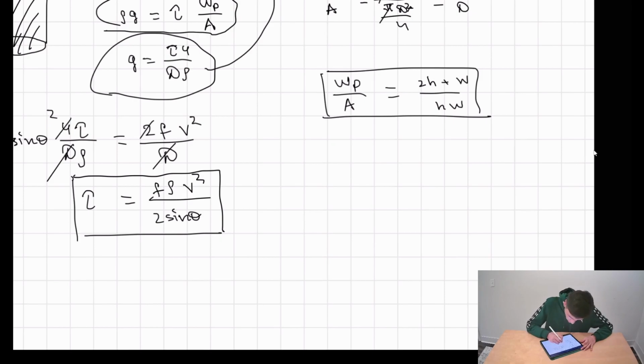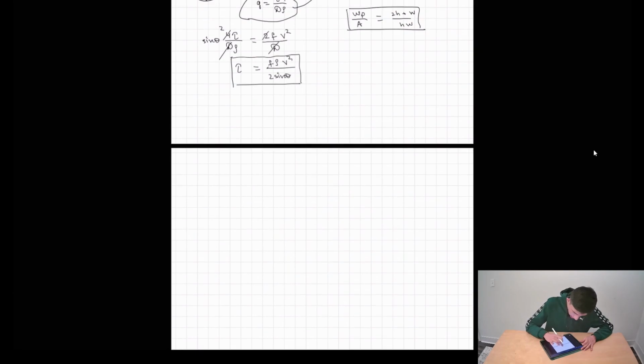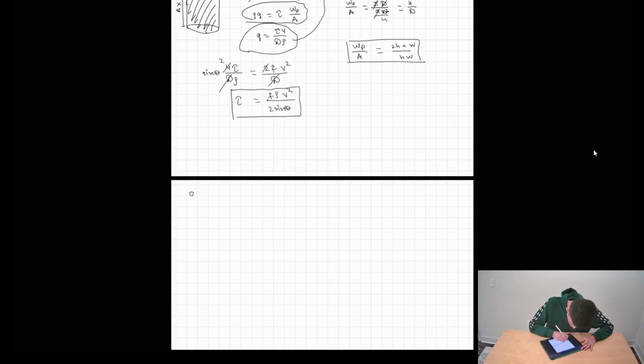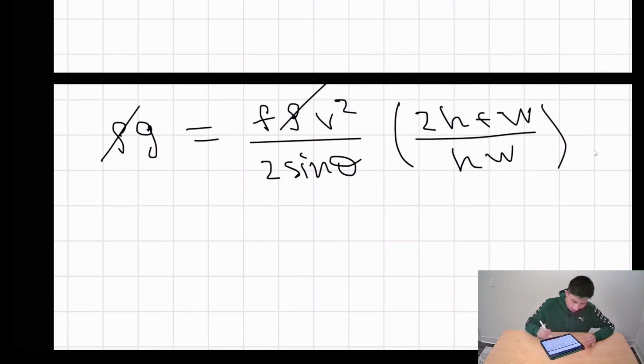Okay, so the expression we're going to have is, let me write it down here. Rho g is going to be equal to the Fanning friction factor times rho velocity squared over 2 sine theta, times 2h plus w over hw, right? And here we can notice that the densities are going to be cancelled, right?